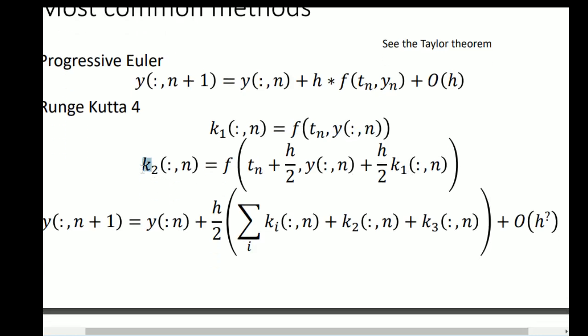So we build another k2 being a function of tn plus h over 2, and on the other part, y at the time n plus 1/2 of k1. And we will keep building those variable k's, so k1, k2, k3, and so on.